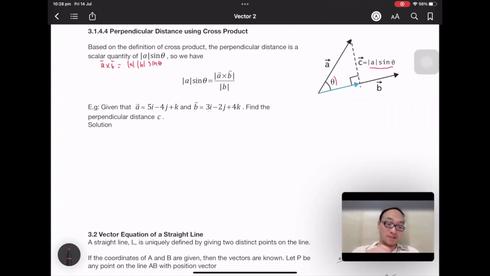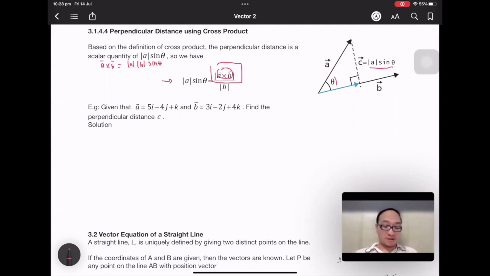So if we rearrange, we have A sine theta equals the magnitude of A cross B divided by the magnitude of B. Now, since A cross B is a vector perpendicular to vectors A and B, we can find the magnitude of A cross B to find the perpendicular distance, because the perpendicular distance is a scalar.